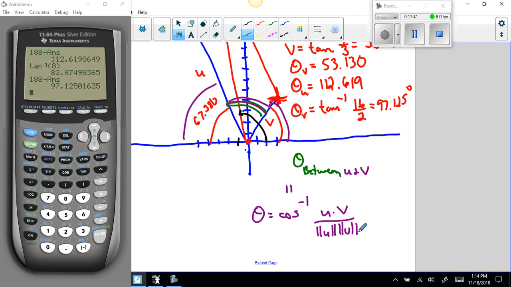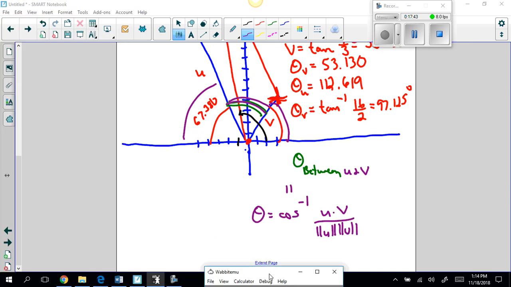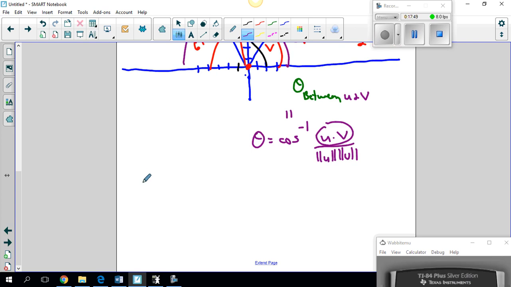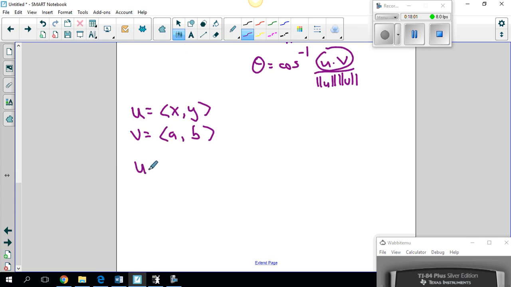But to do that, I need to explain what the dot means. How do you multiply vectors? So vector u is xy, and vector v is ab. Then u dot v is just the number ax plus by.